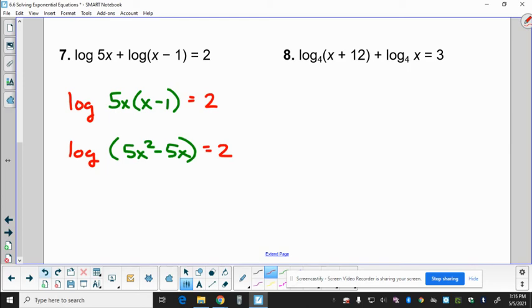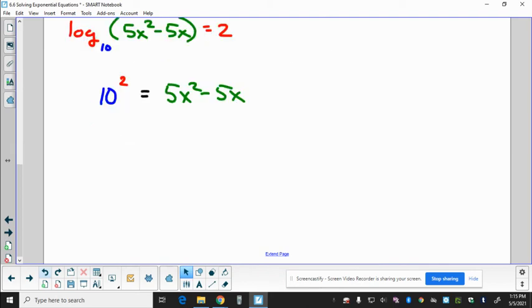Then we got to notice that this is a base of 10. So this could be rewritten as 10 to the 2nd power equals 5x squared minus 5x. At this point, we could say that this is actually 100. Collect everything to one side.